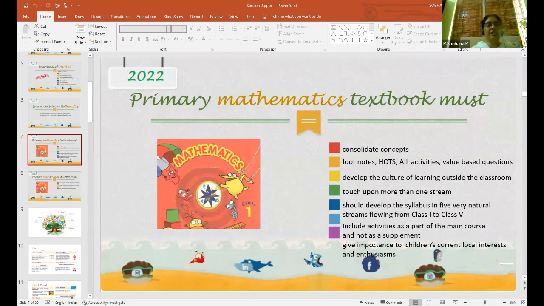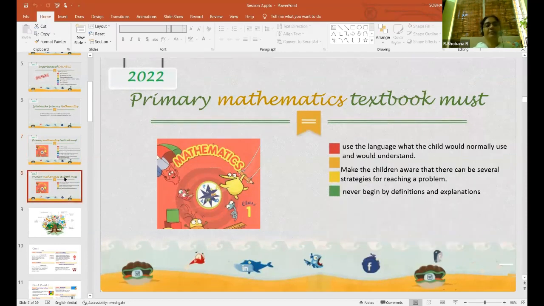For example, if we ask what you get when you add 3 snowmen plus 2 snowmen, or something which is very foreign to our culture, something which our children have not seen, then they are very alien to those concepts. So it must always have examples and activities that a child is following in her culture. So these are the broad things a mathematics textbook must have.